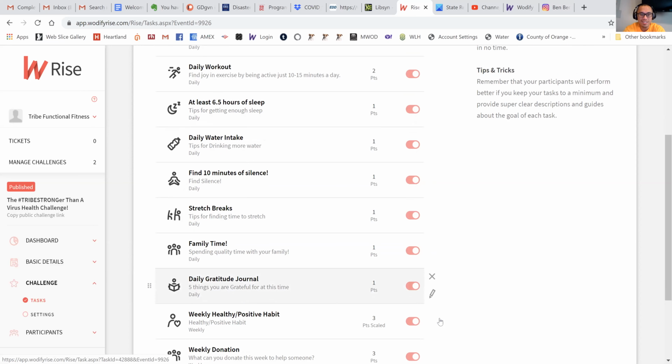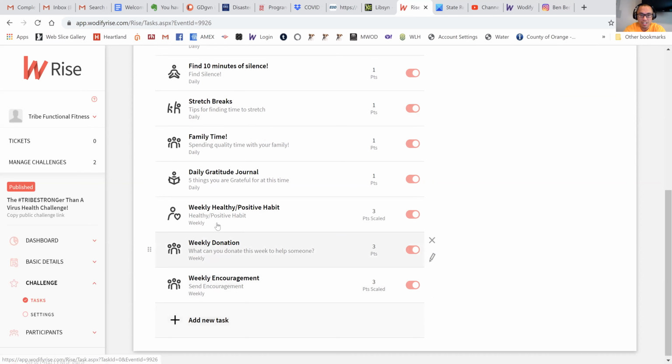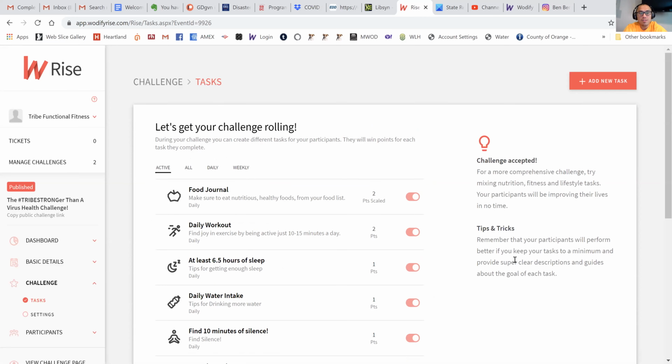Then there are 3 weekly tasks: your weekly healthy positive habit, which you should have filled out, as it was one of the questions you had to answer when you first started the challenge; a weekly donation task; and the weekly encouragement task. All 3 of these are worth 3 points, but those are weekly.